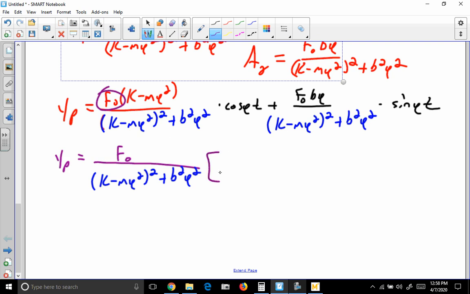So if we factor f in the denominator out, we're left with k minus m omega squared cosine omega t. And then if we take that f and that denominator out from the second term, we're left with b gamma sine gamma t.